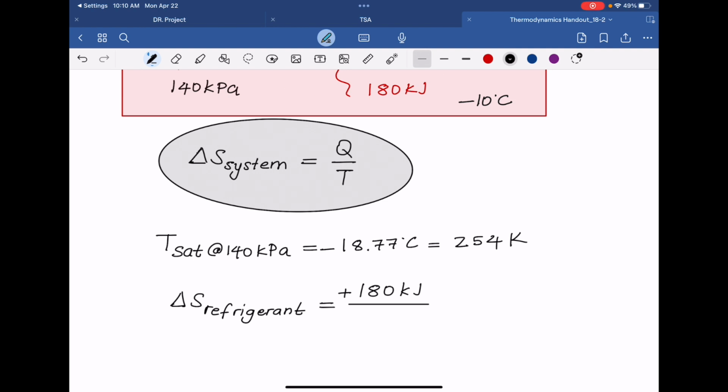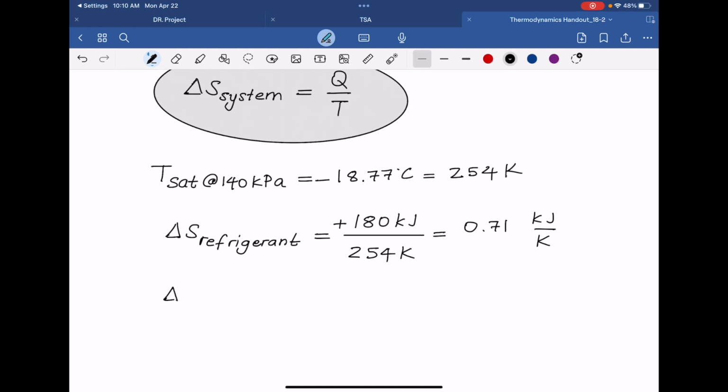So heat is getting into your system, you expect your system's entropy to increase. In this case, our system is refrigerant. Heat getting into it, heat carries entropy with it, randomness with it. Therefore, the entropy change is positive. It increases the entropy inside.